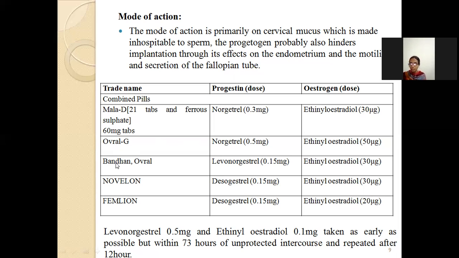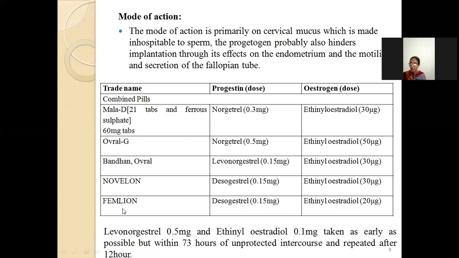So here, based upon the different drugs, the dosages of progesterone and estrogen are different. See here in Bandhan, the progesterone level is 0.5 mg and the estrogen level is 30 micrograms. Next one is Novelon: the progesterone level is 0.15 mg and the estrogen level is 30 micrograms.